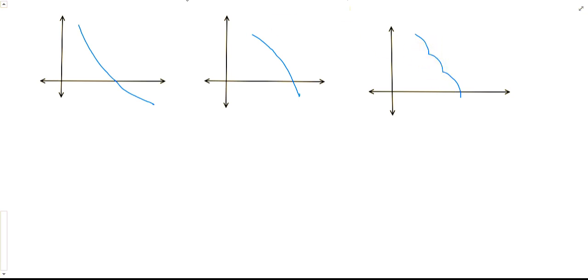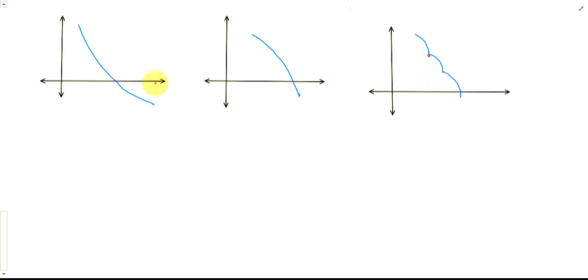Here we find that at this point the function is not differentiable, but it is fulfilling the condition of a strictly decreasing function, that for x2 greater than x1, f of x2 is less than f of x1 for all x that belong to the domain of the function. Also we find that here the derivative is negative, here also the derivative is negative for all values that belong to the domain of this function.